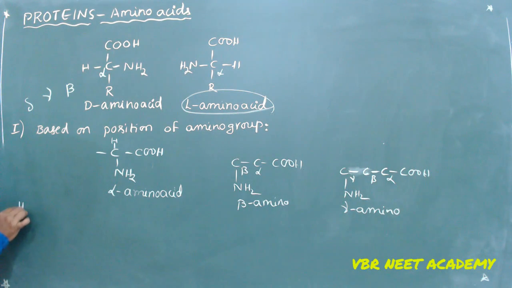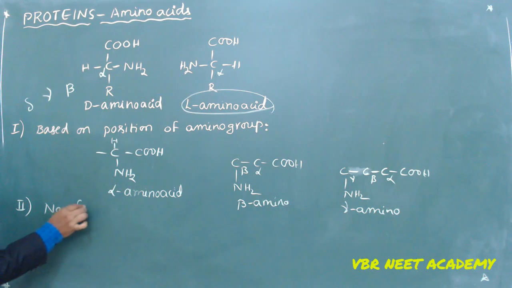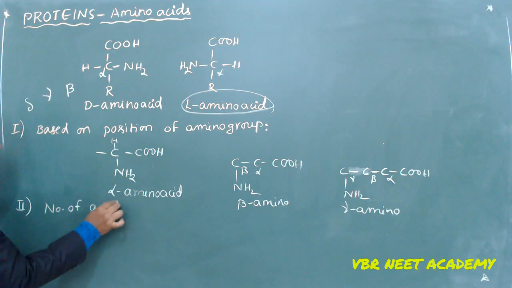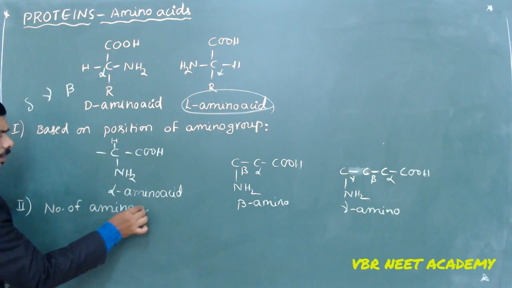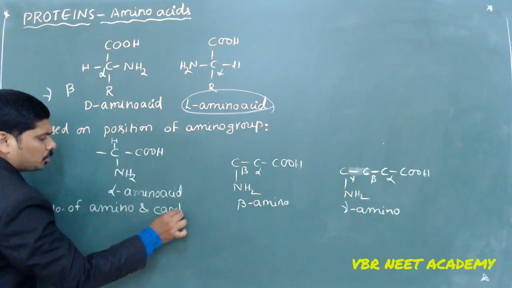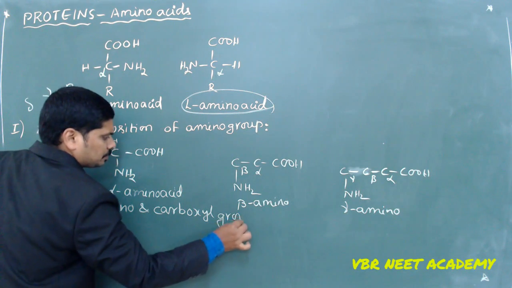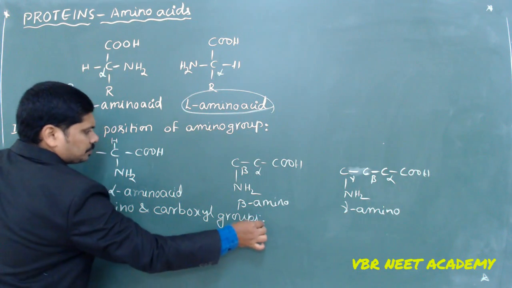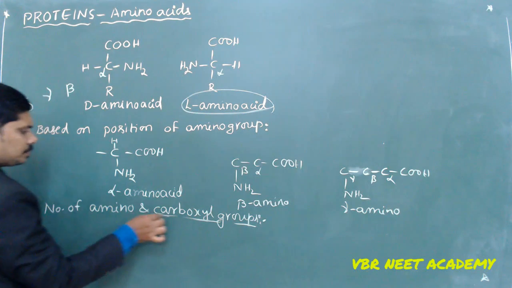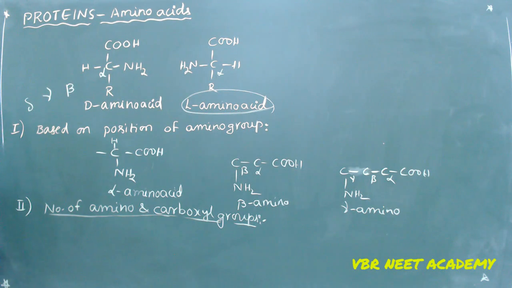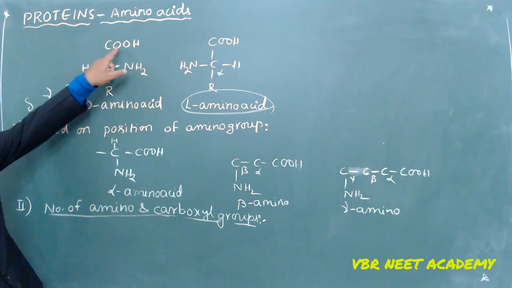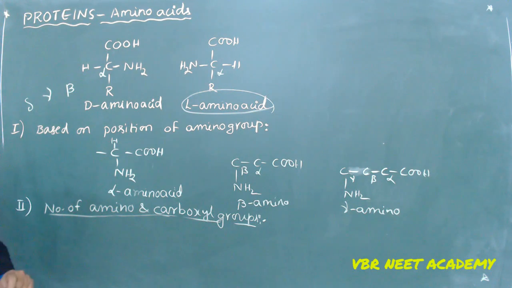And one more classification we can see is based on number of amine and carboxyl groups. If you are taking amino acids, they are going to have one amine group, one carboxyl group, it is compulsory.